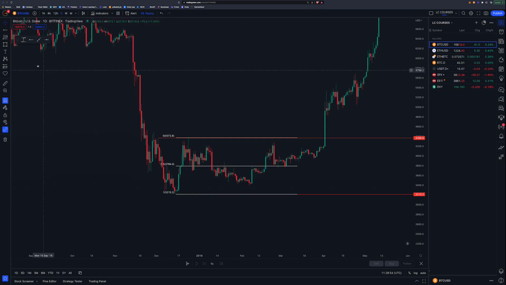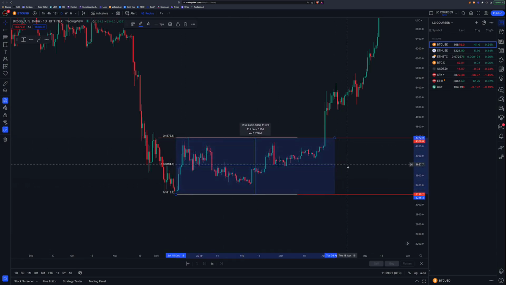Or another tool you can use is the date and price range. Again, you just go from bottom to top, and as you can see, it's got a built-in middle of the range there. So either one of those will do the job. We've got the fib on here, so as I say, this marks out our mid-range.